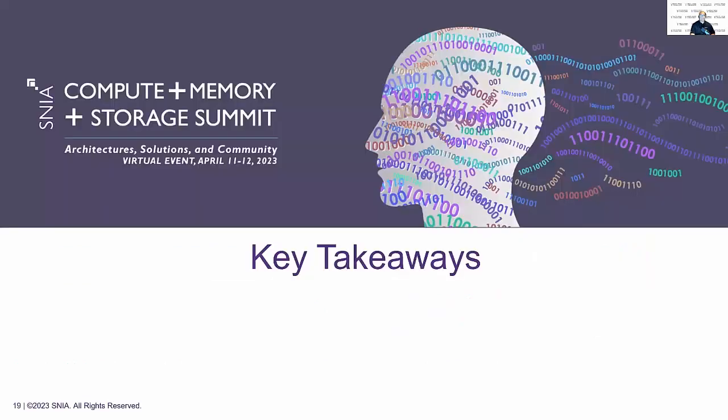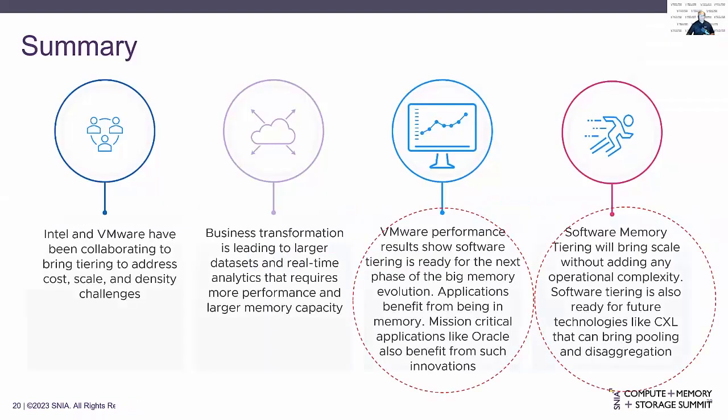Okay. So looking at some of the key takeaways here. Business transformation has been leading to larger data sets and real-time analytics that require more performance and larger memory capacity. From a VMware perspective, the VMware performance results show that software tiering is ready for the next big phase of the big memory evolution. Applications benefit from being in memory, mission critical applications like Oracle, and it doesn't have to be the Oracles of the world.